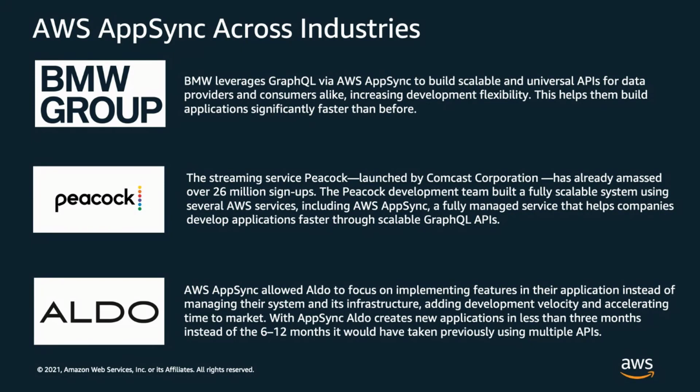Peacock is a streaming service launched by the Comcast Corporation that uses GraphQL APIs provided by AWS AppSync. And again, AWS AppSync allowed Aldo to focus on implementing features in their application instead of managing their system and its infrastructure. And this adds velocity in the development of front-end applications.